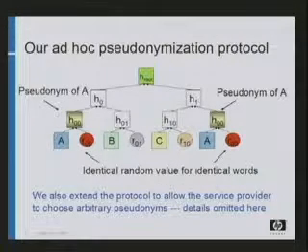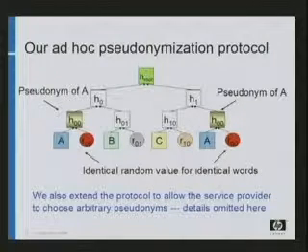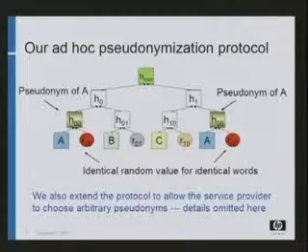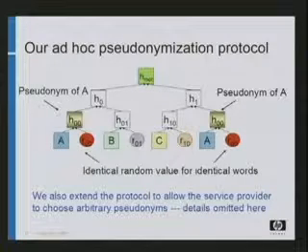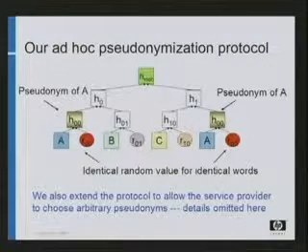We also extend this to allow the service provider to compute an arbitrary pseudonym from the hash value. And that is based on a symmetric key encryption scheme, actually. So essentially, the service provider can just get the Merkle hash tree and then choose whatever pseudonyms he wants to replace the parts of the document, independent of the data owner. And how this is done is omitted here.